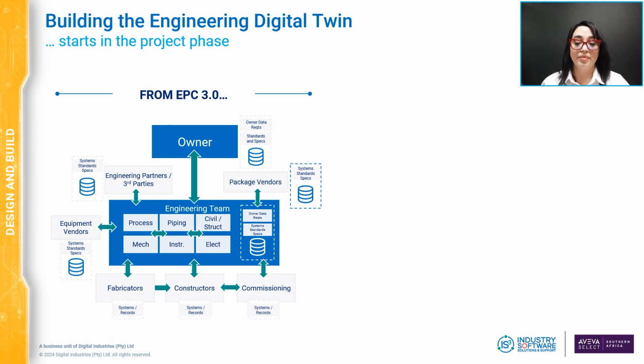Within that team, there are siloed disciplines that have to transfer information to each other. Not only that, the EPC has external sources of siloed information which pass back and forth for your vendor packages, your equipment vendors, your fabricators, the commissioning, your engineering third parties, who all have their own standards, systems, and specs.